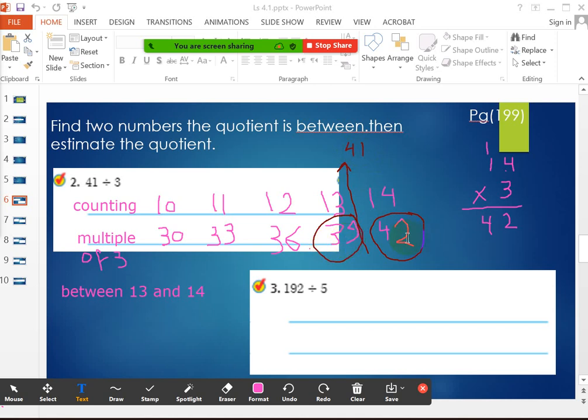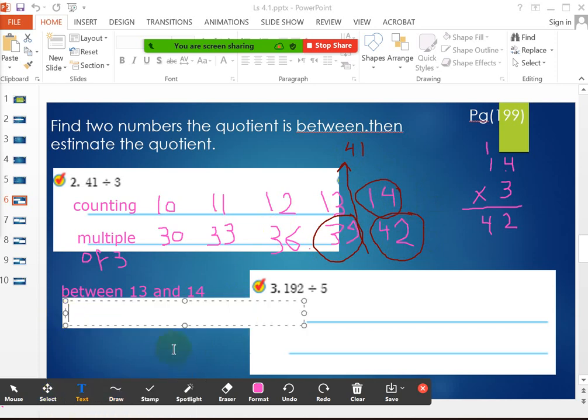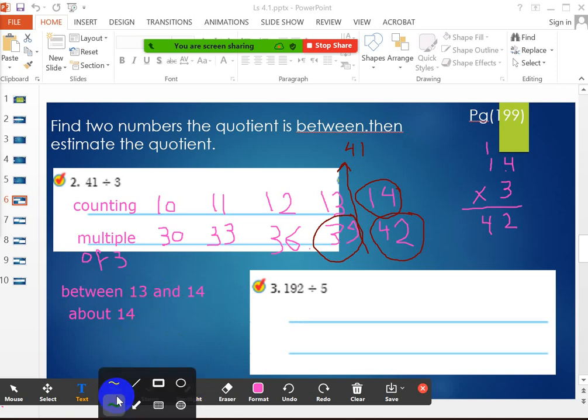That means it's close to 42, right? So that means the quotient will be about what? About 14. Okay? So to continue the answer for number 2, the quotient will be about 14. This is the estimate.